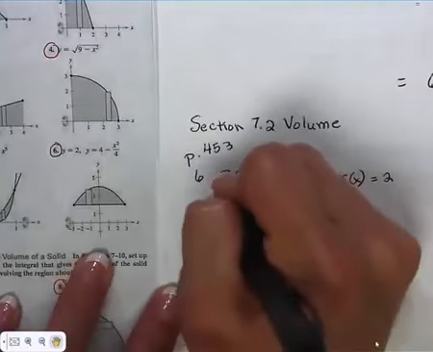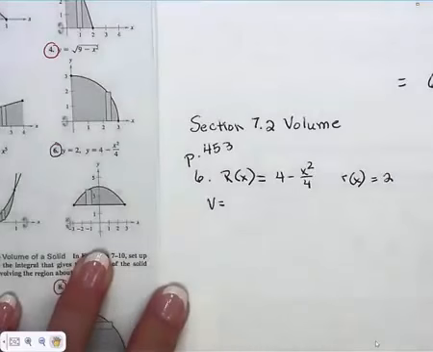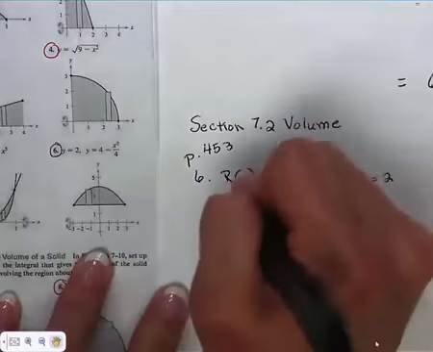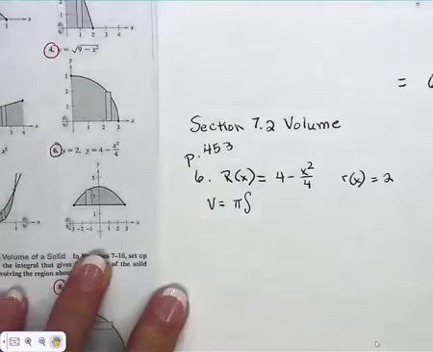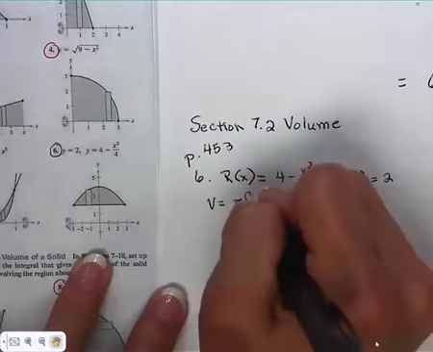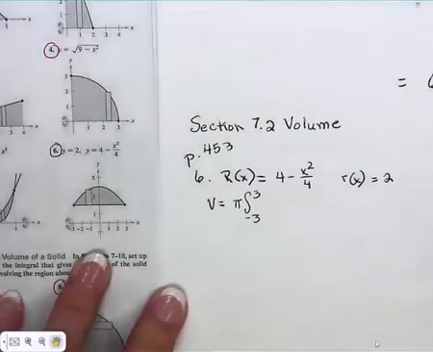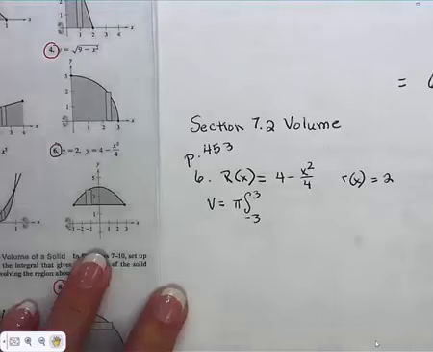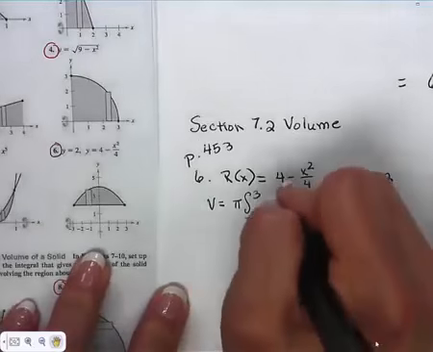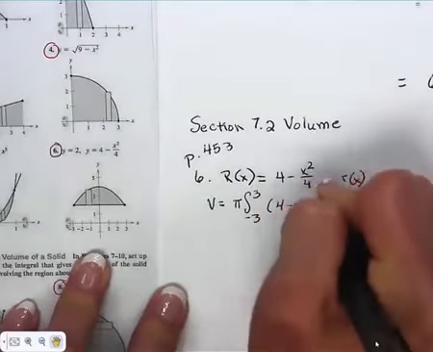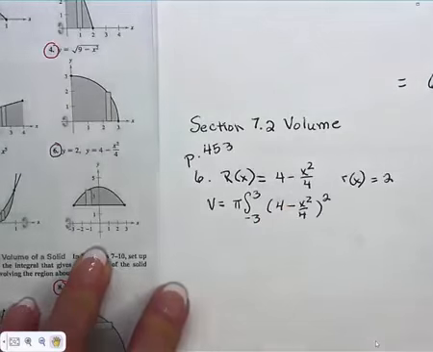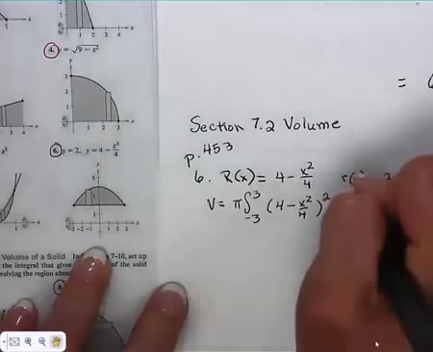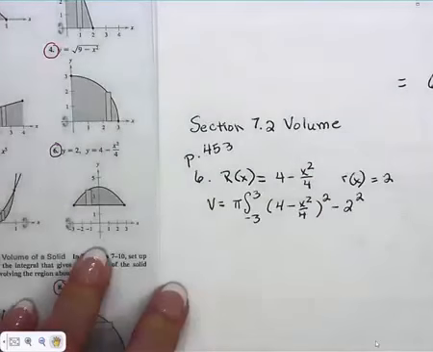So the volume of the solid being created is pi times the integral from where to where? -3 to 3, x values, since we're integrating with respect to x. And then the outer radius squared minus the inner radius squared.